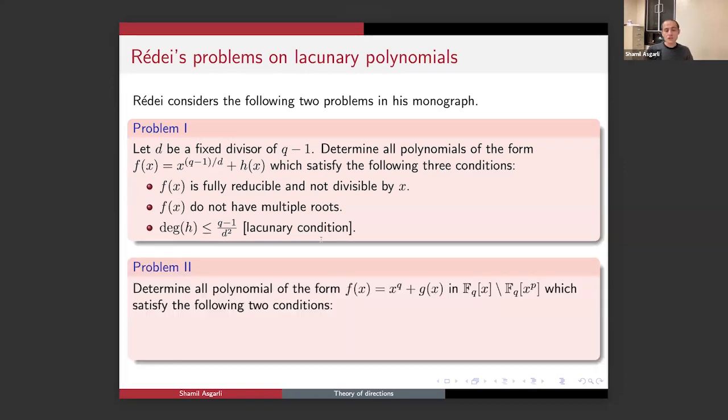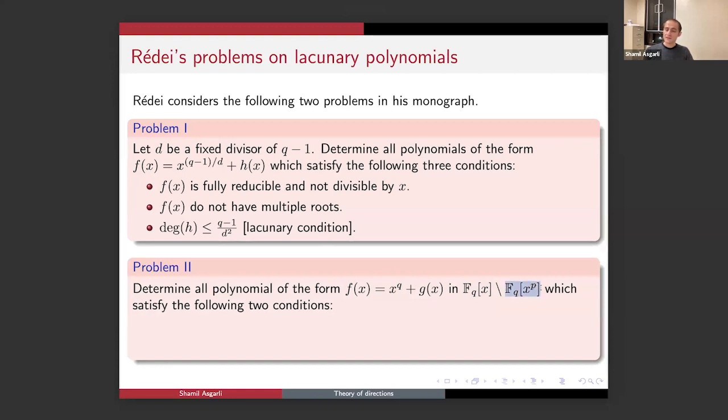And problem 2 is the following. Determine all polynomials of the form f(x) = x^q + g(x) in the polynomial ring F_q[x], but we don't want those polynomials to live in the subring F_q[x^p], where p is the characteristic of the field.